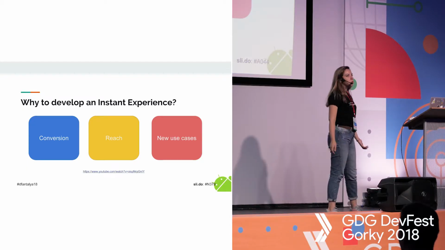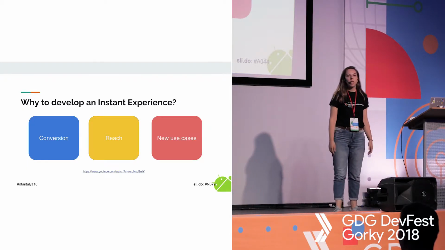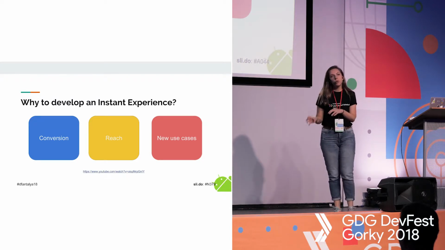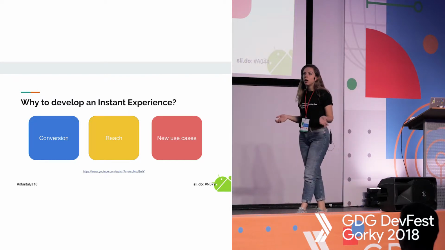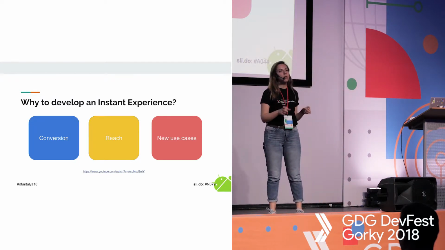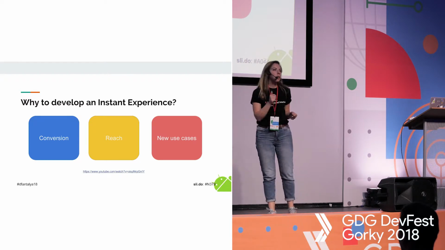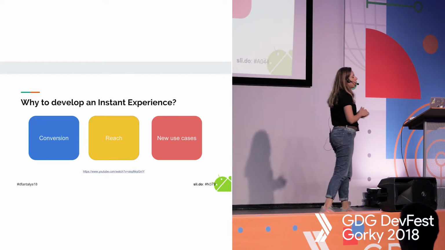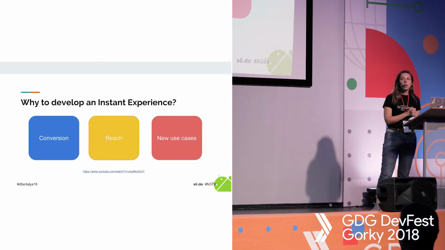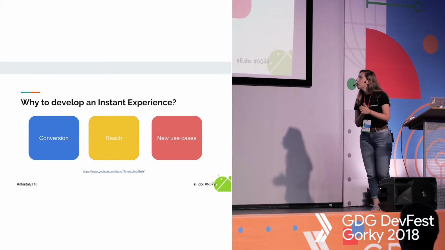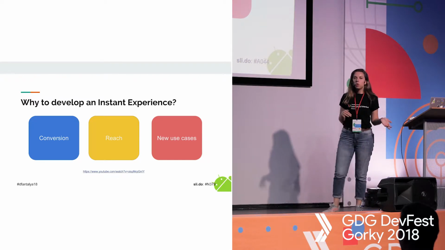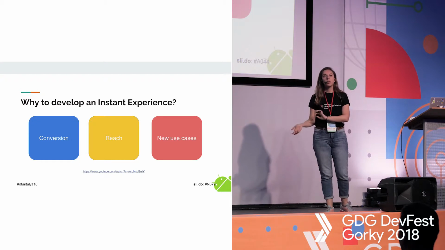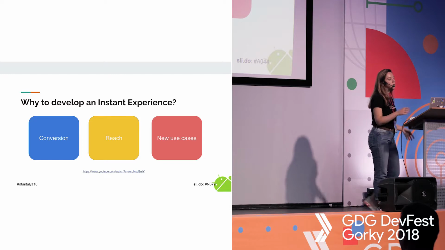And you can reach new users because if there is an instant version of your application, when they search at Google, they will see the instant and also installed links, and they can now try without downloading the whole application. And the last one is new use cases. Actually, this is a lesser used scenario because it should be a version of your application, a part of your application. It shouldn't be another branch, another UI branch.